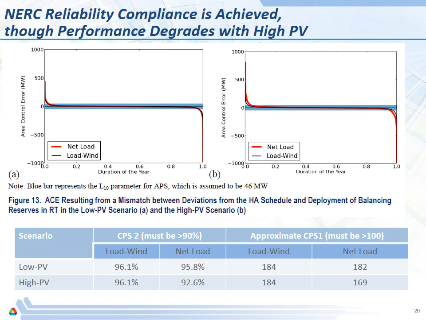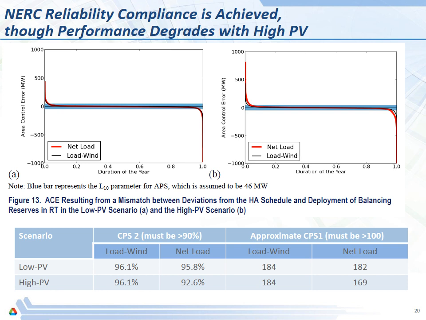We can also go now and start to look into the performance during the operating hour. So now after we've got our hour ahead schedule set and we measure how well the utility is able to balance the system, we can calculate this area control error in these different cases. And so that's what's shown on the top chart here, the area control error over the whole year.